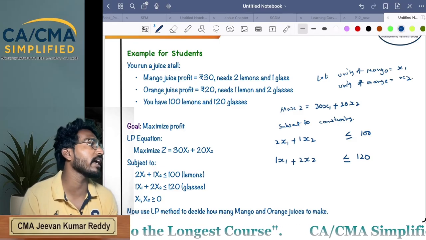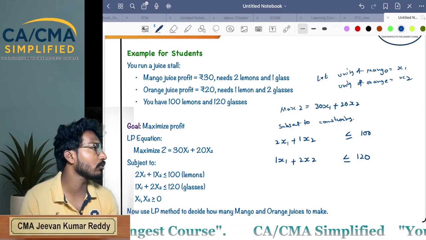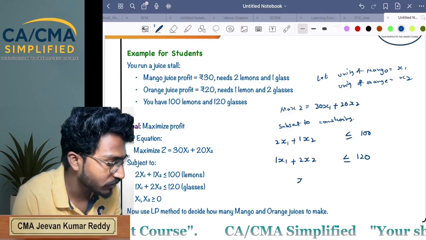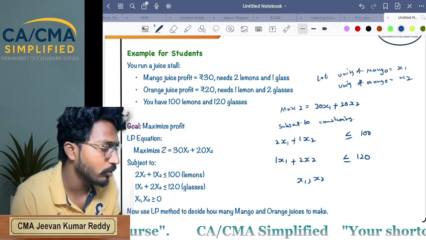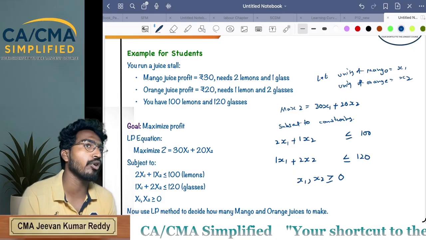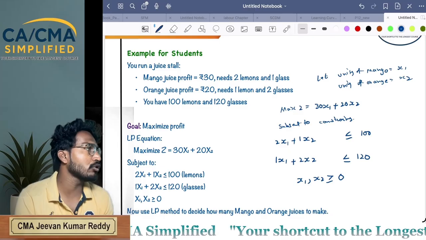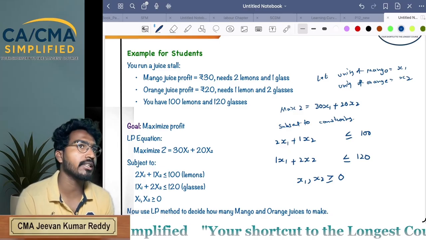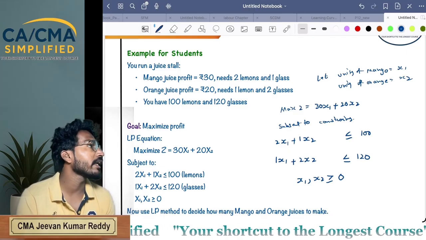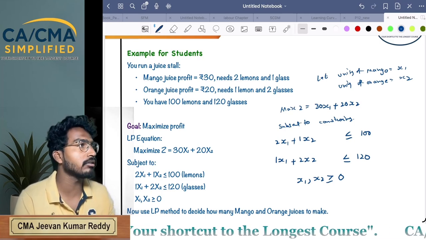If you don't want to make any, that is 0. So x1, x2 greater than or equal to 0. That means your production must always be zero or positive. Your production will not go into negative figures. Am I clear? Any doubts?